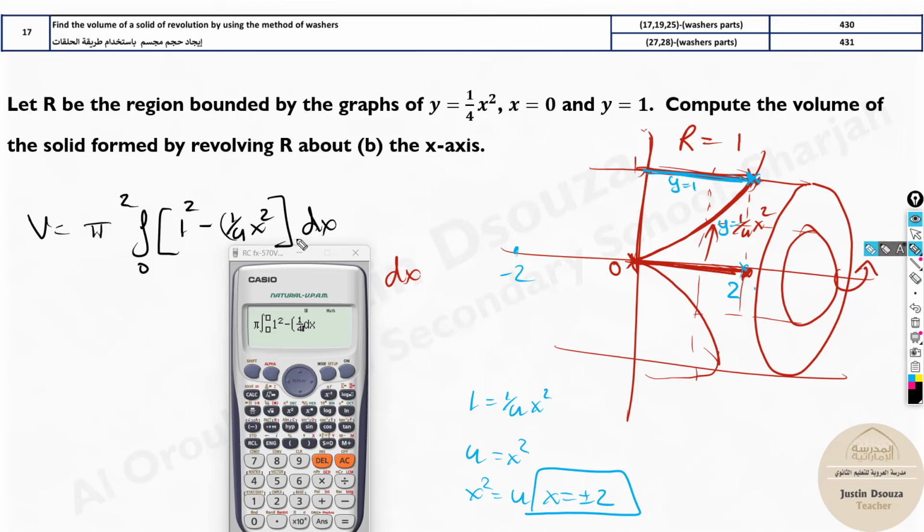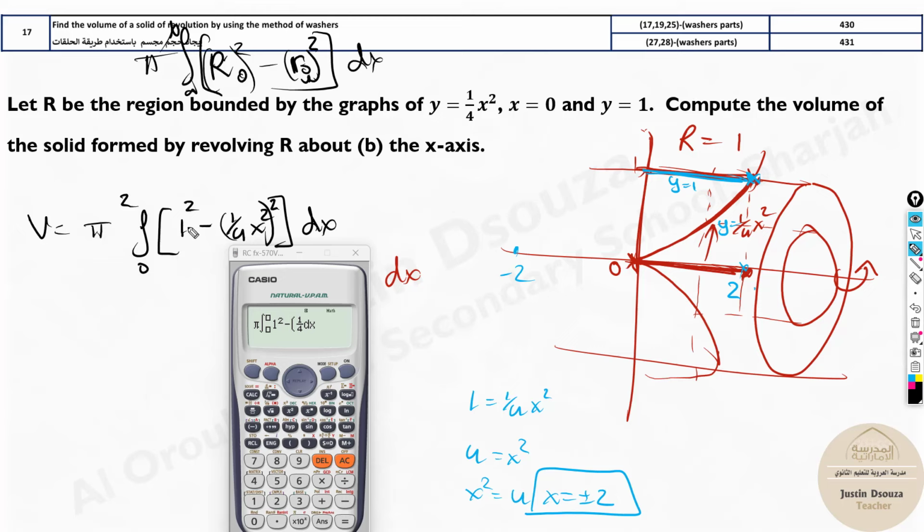The equation is 1/4 x squared and then again the whole square, okay? Because the formula itself tells you it is outer radius square minus inner radius square. RORI integral a to b, outside is pi, and this is dx, right? Now this is the entire thing will be squared here, okay?